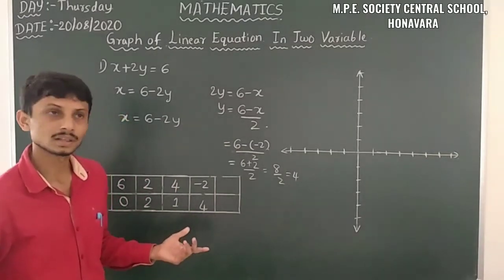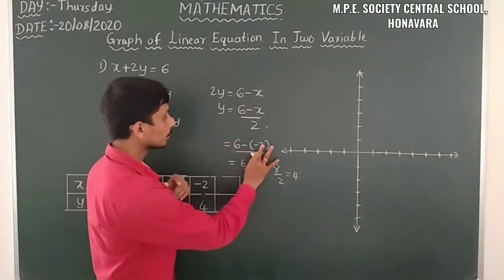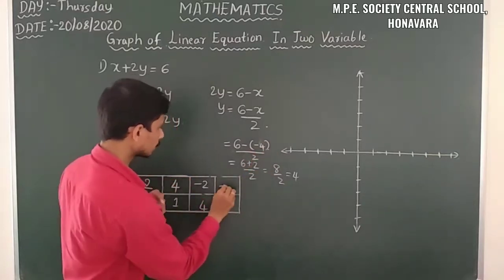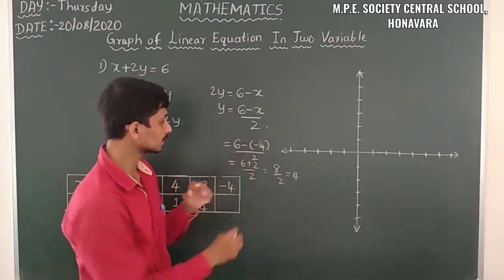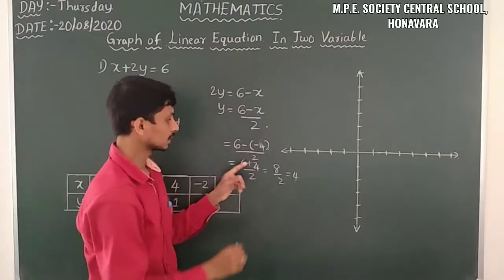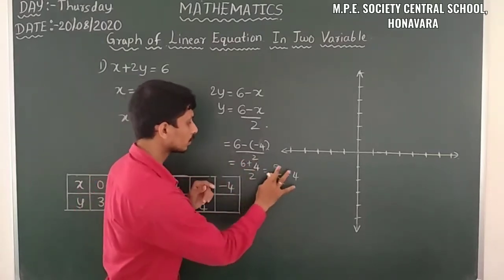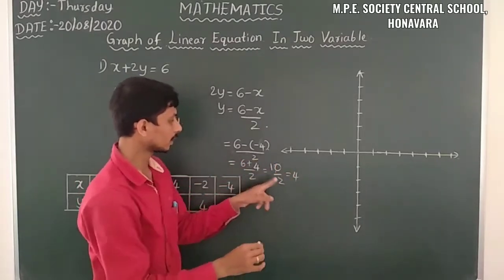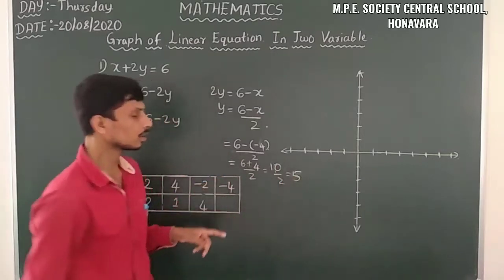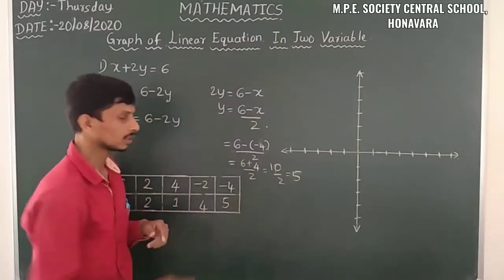You can take, then insert the value of minus 4 here. What do we get? 6 plus 4 by 2, that is 10. 10 by 2 is equal to 5. Here we got the value of 5.